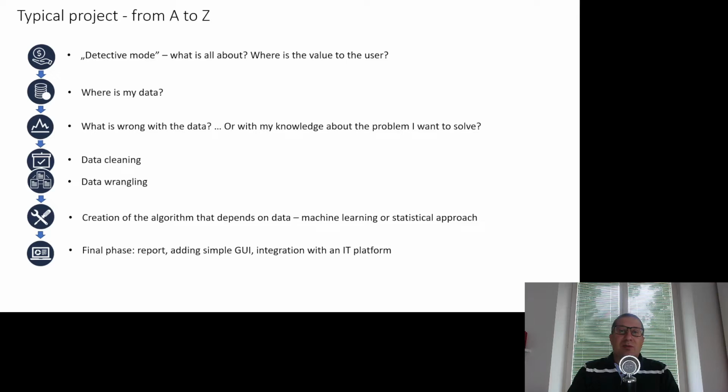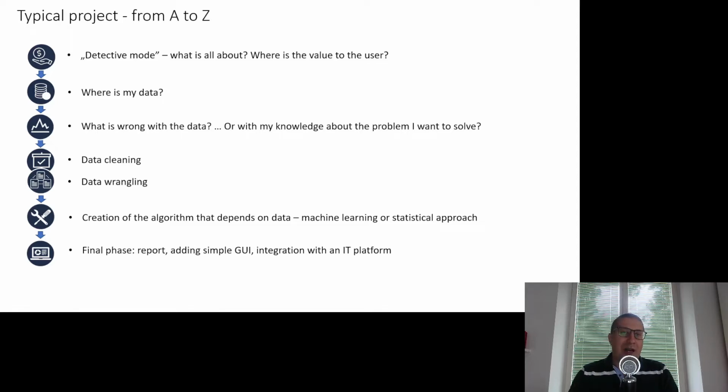The final phase is to show your work to the world. Depending on the nature of the project, it could be a report or a scientific paper, if it's a scientific project or a consultation project.